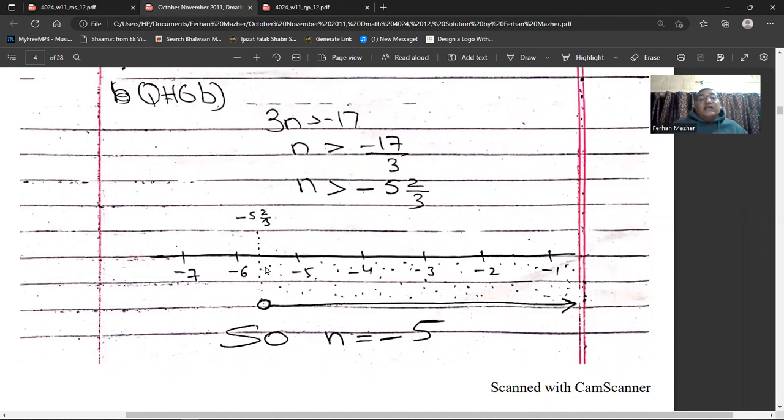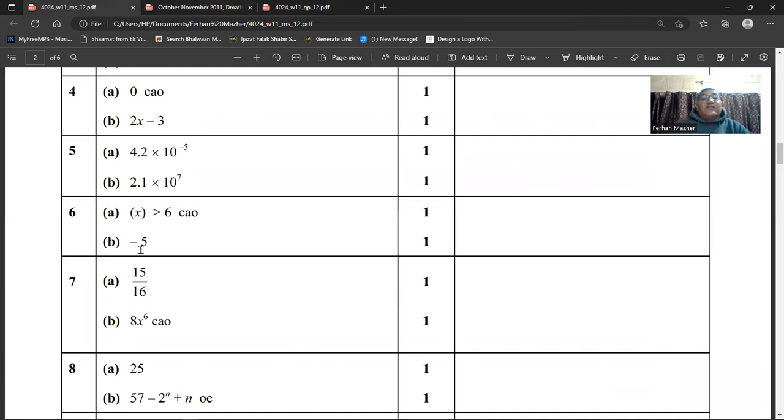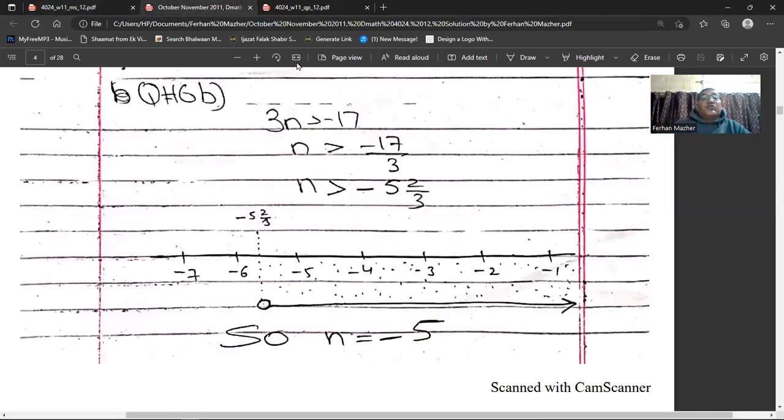Because n is greater than this, it will be an arrow towards the right side, because I have numbers here which are more than minus 5 whole 2 by 3. So what is the smallest integer in this solution? That is minus 5. So n is minus 5. Yeah, our answer is right.